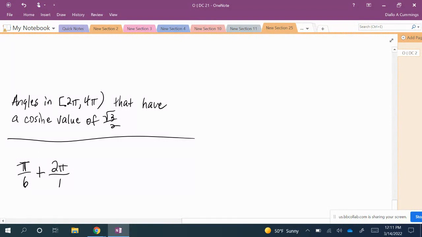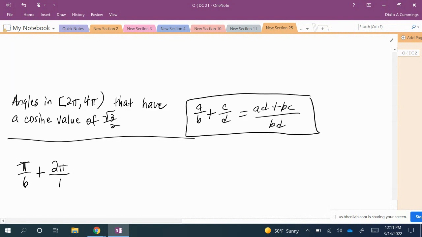Remember there was a formula we were using that says A over B plus C over D is equal to A times D plus B times C over B times D. I'm just going to apply that here. So pi times 1 is pi, plus 6 times 2 pi is 12 pi, and 6 times 1 is 6.